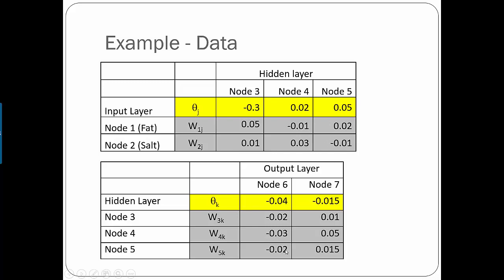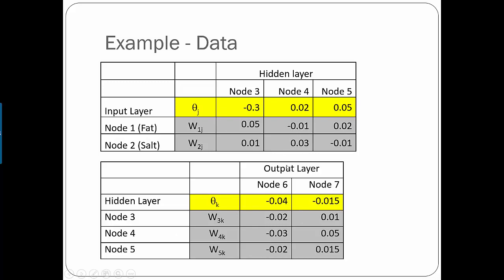On the other side, arrows go out of the hidden layer into the output layer. In the output layer there are two nodes, and we have arbitrarily assigned bias values for 6 and 7, and then the weights going in from 3, 4, and 5 into 6, and then 3, 4, and 5 into 7.